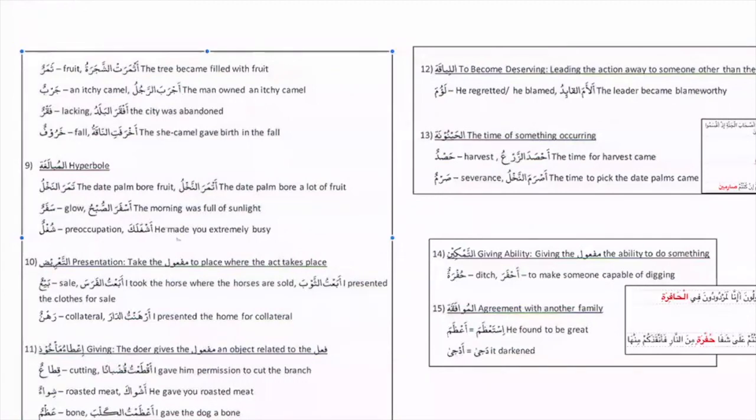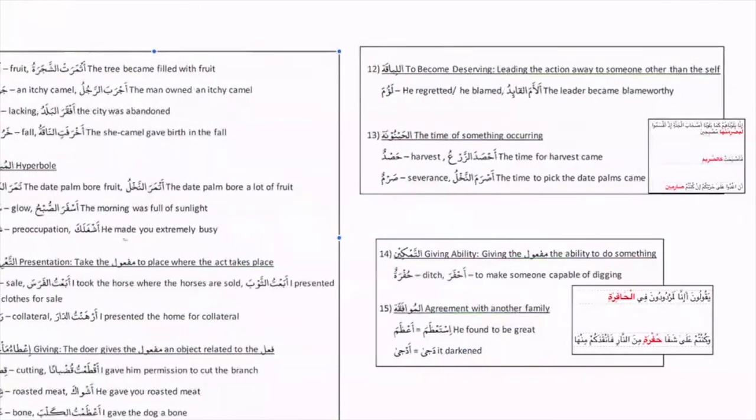Shiwa'un means roasted meat. Ashwaka means I gave you, he gave you roasted meat. 'Azmun means bone, and a'zamtu al-kalba means I gave the dog a bone. Okay, so this is how. Then we have some more over here.